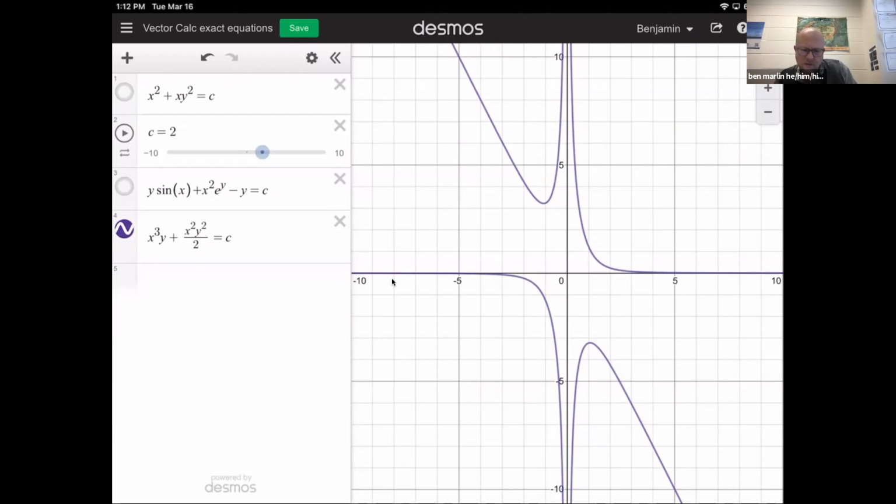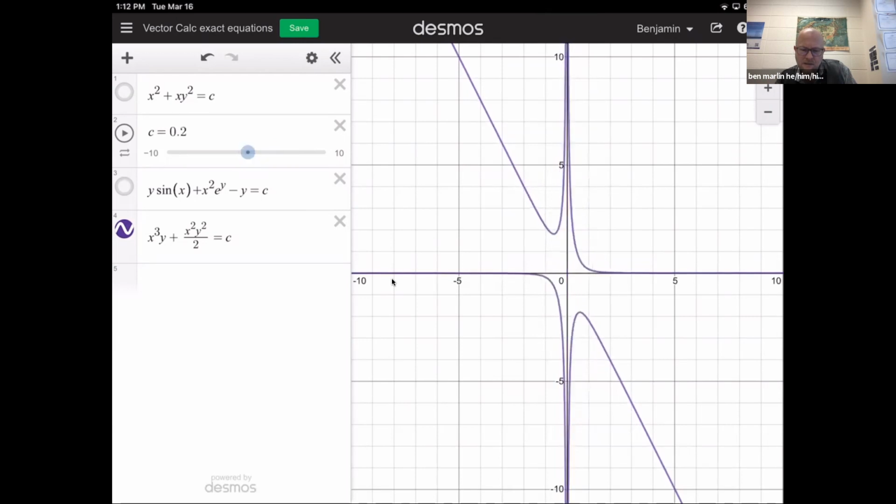And then we also didn't want the y value to be equal to minus x. And that is taking care of itself by the fact that the y equals minus 2x looks like it's getting kind of an asymptote going there, a slant asymptote.